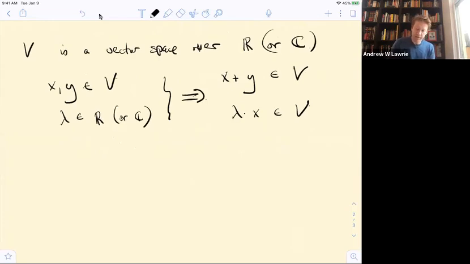We're not going to just concern ourselves with vector spaces; we're also going to endow them with some more structure.